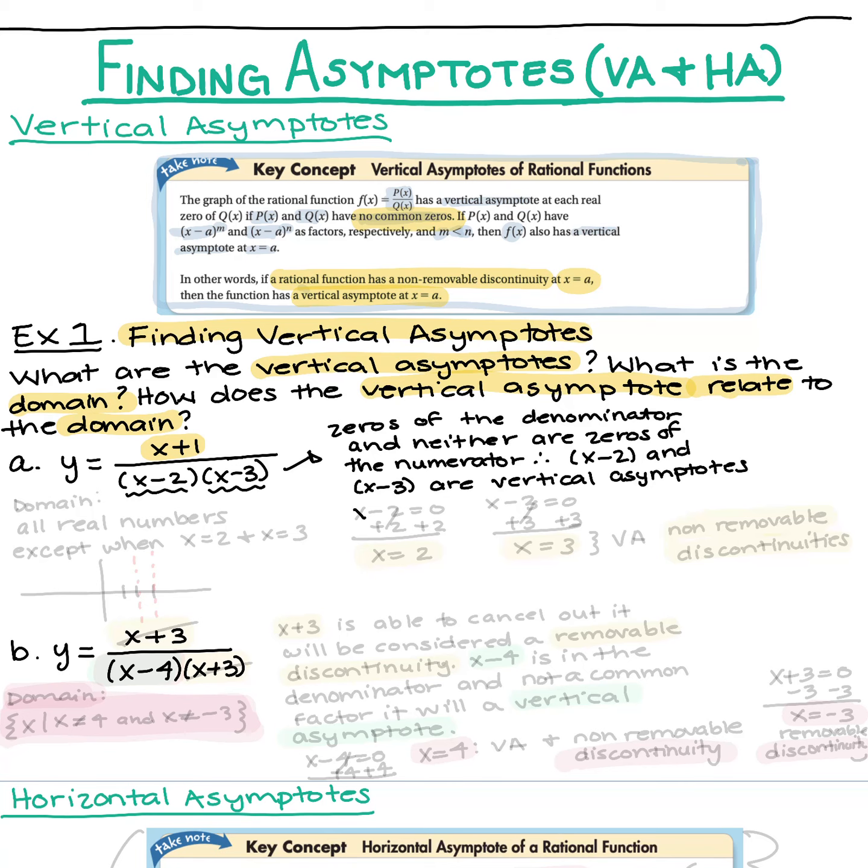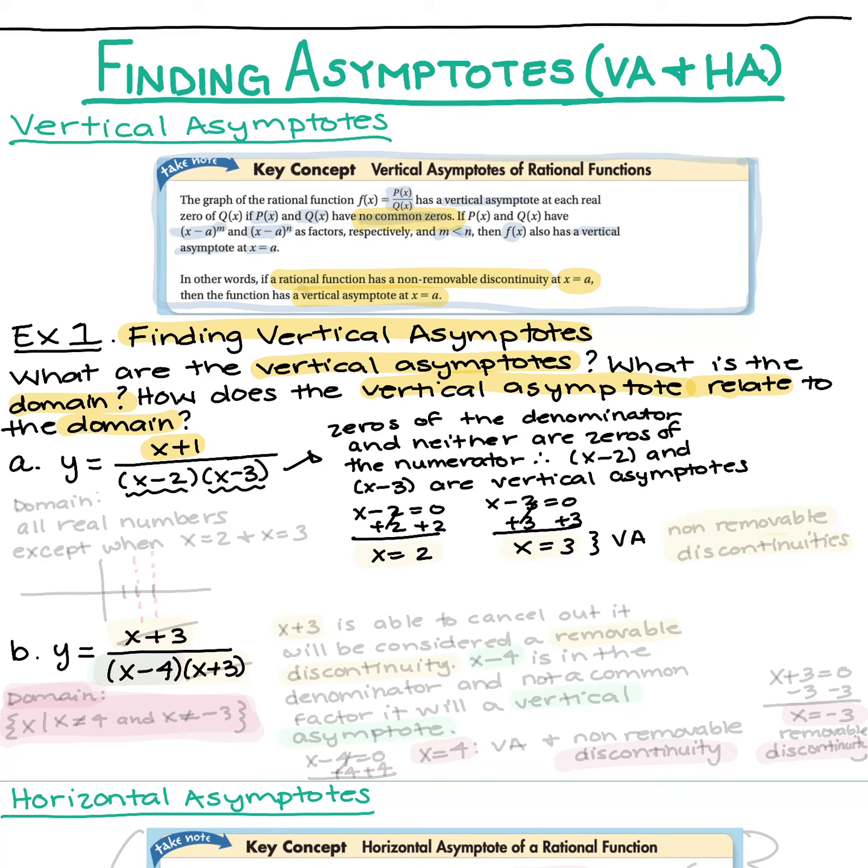So you can go ahead and do x minus 2 equals 0, x minus 3 equals 0. You add the 2, x equals 2, add the 3, x equals 3. So that means that these two are going to be considered my vertical asymptotes, right?